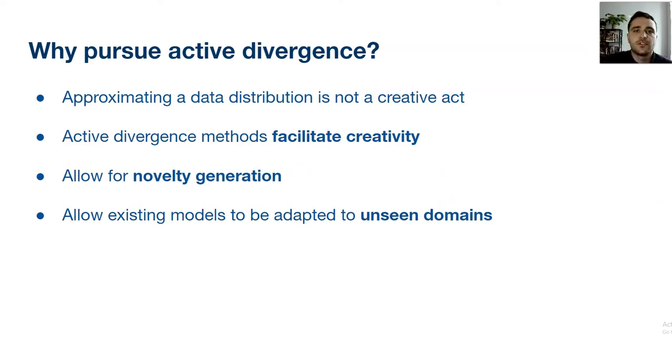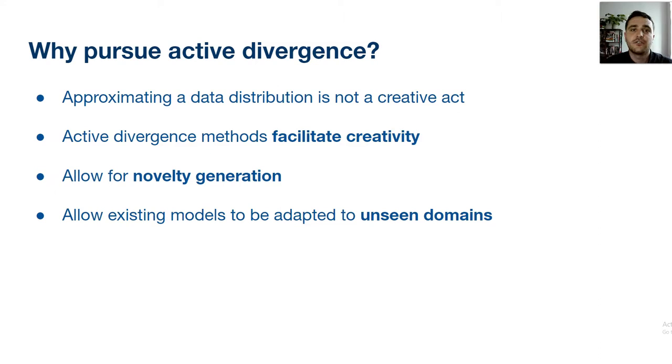So why do we want to pursue active divergence? Well, approximating a data distribution on its own is not really a creative act. Simply imitating the data that you have is not very creative. That isn't to say that deep generative models can't be used in creative systems, but the act of imitation on its own is not particularly creative. So active divergence methods are really important for facilitating creativity.